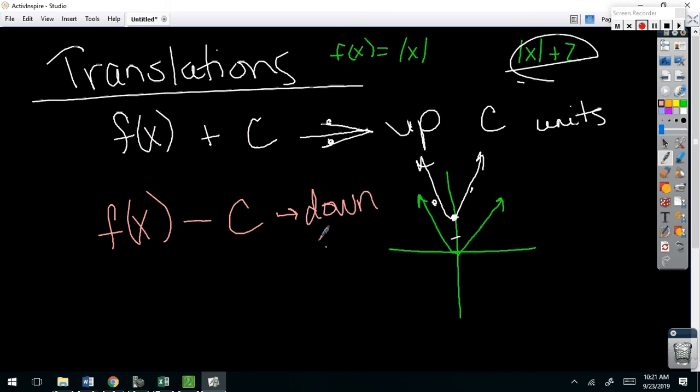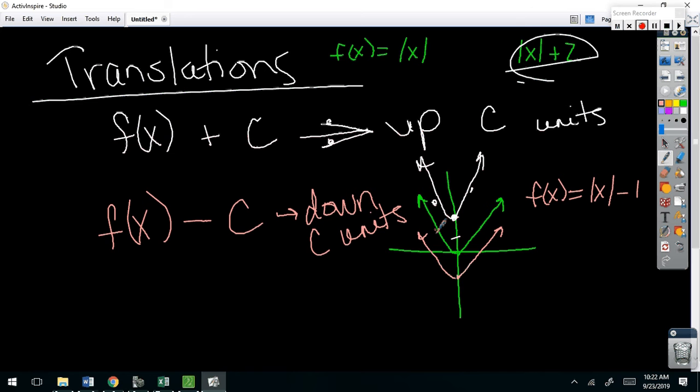Translation down c units. Okay, so again, if f of x is the absolute value of x, then f of x equals absolute value of x minus 1 says take the parent graph, the green graph, and slide the whole thing down 1. Just 1. And so that's what that would look like.